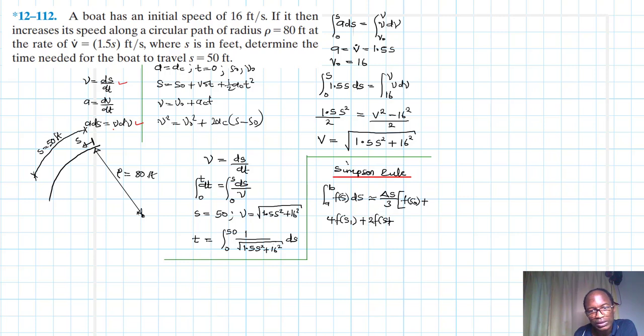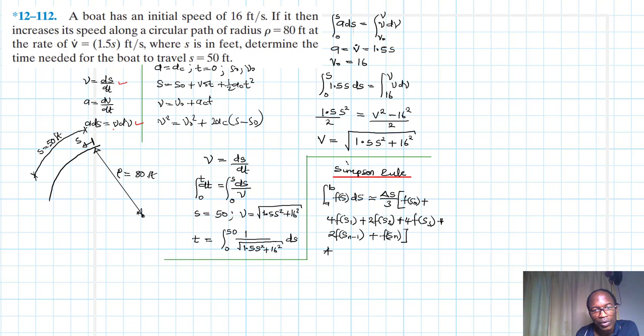So we alternate between 4 and 2 plus, let's say we have another 4, then 3, then plus f of s n minus 1. Okay, then plus the last one will not have any coefficient, like so.